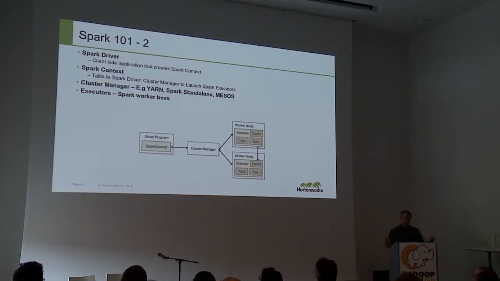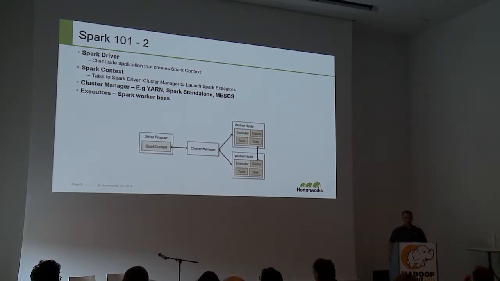And again, getting a little deeper, we have a Spark driver, which is the client-side application. That's where you write your code. Then we have a Spark context, which acts as the main delegate between you, the developer, and the target execution environment, right? Then there are cluster managers, and Spark integrates with a variety of them out of the box. It integrates with Yarn, it integrates with Mesos, and it also provides its own Spark native Akka cluster to perform distributed computations.